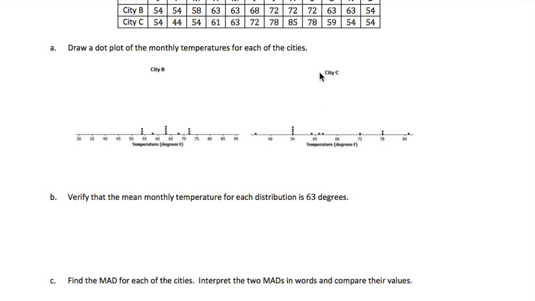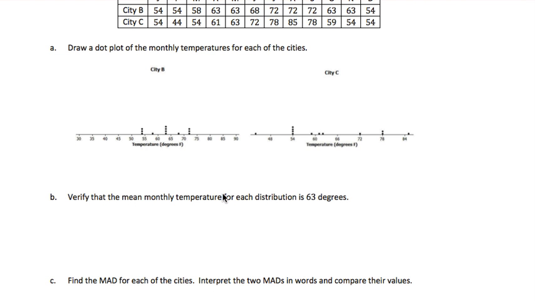Because if you'll notice, city C's dot plot is starting at 48, and there's a temperature slightly below that, and it goes up to 84. But city B's dot plot is starting at 30 and going to 90. So we want to be careful that we think and really read everything we have there.